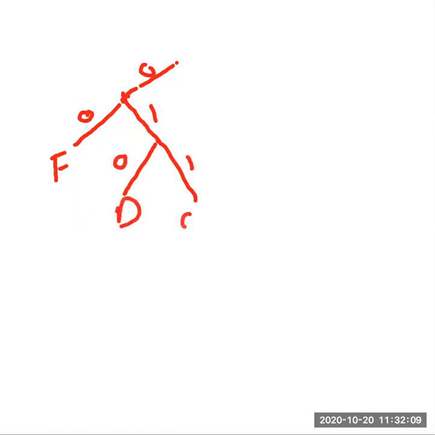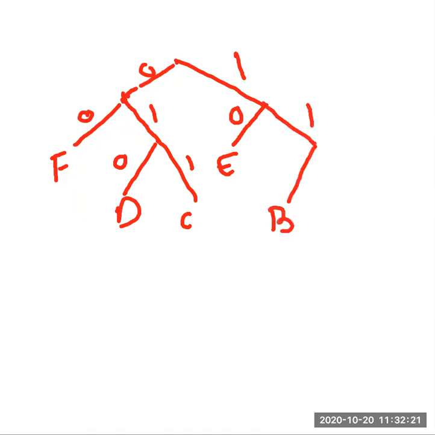D and C, 0 and 1. E, 0 and 1. B and A, 0 and 1. The total weight will be 1.0. Now we can find the average number of bits, and this is step 5. So in 5 steps, we have solved the Huffman tree.